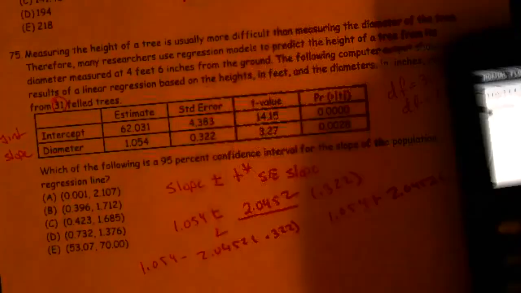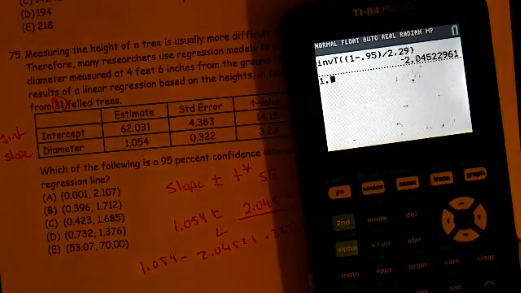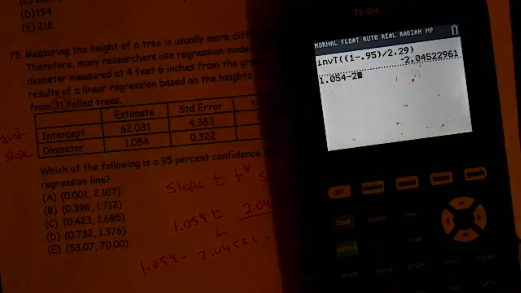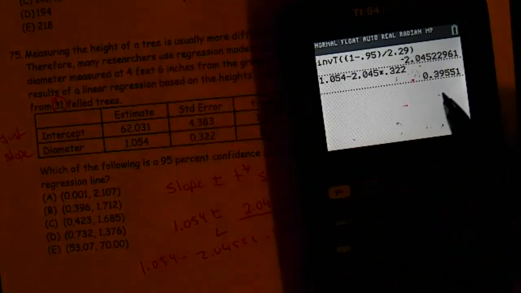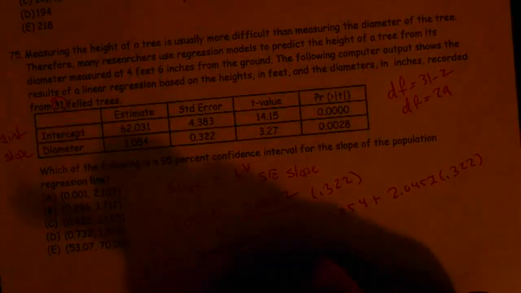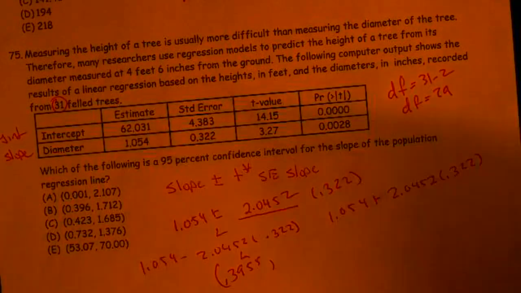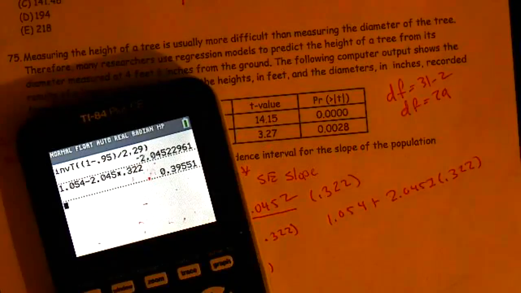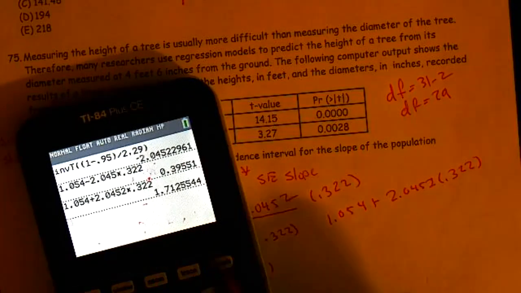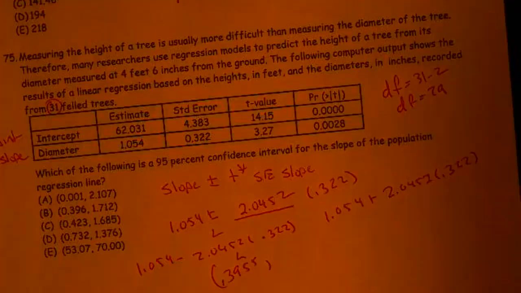So when I solve that, I go 1.054 minus the 2.045 times 0.322, and I end up getting a lower bound of about 0.3955. My upper bound is going to be 1.054 plus 2.0452 times 0.322, and I get an upper bound of 1.71.